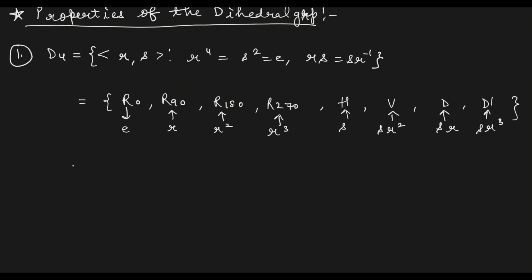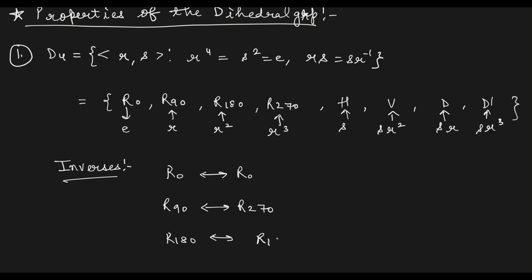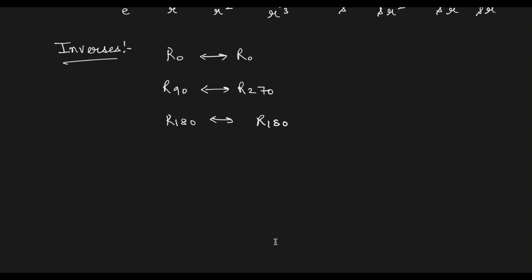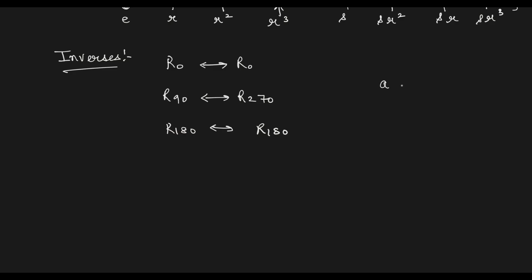Also inverses. Inverse of R0 is R0, inverse of R90 is R270, and inverse of R270 is R90. You can also check this by the simple definition of inverse, A A inverse equals identity.